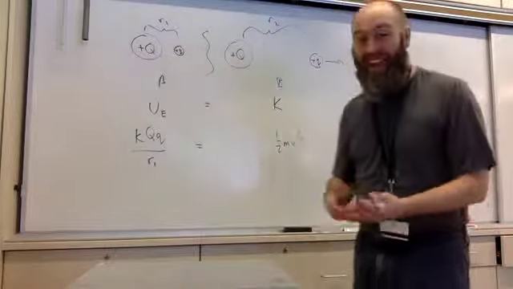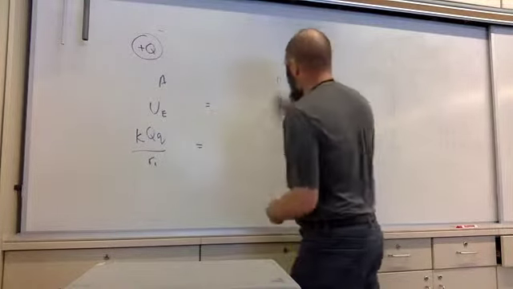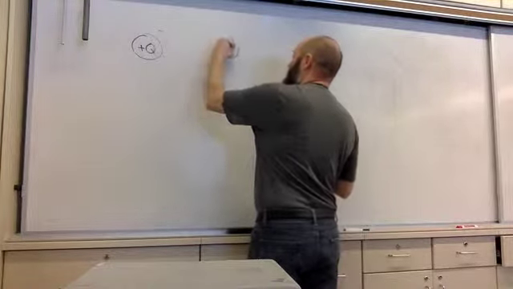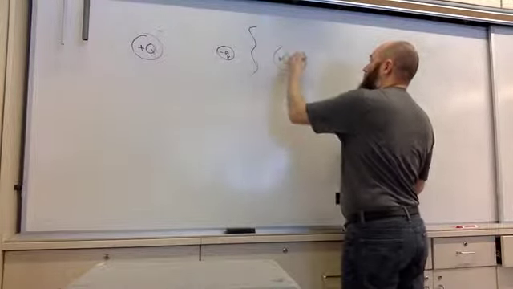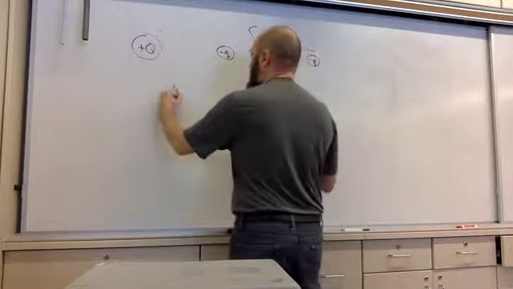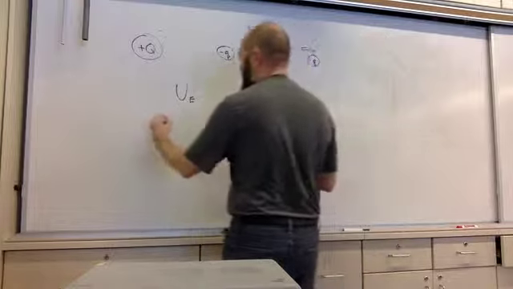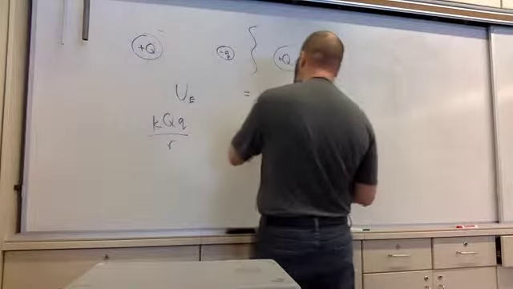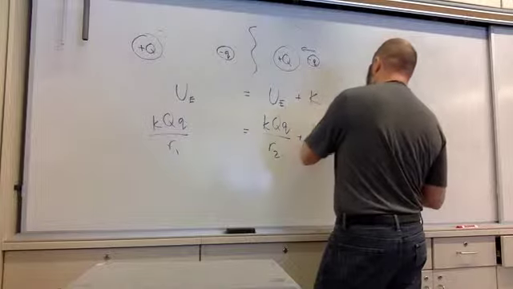The only thing you have to be careful of is what happens if you have opposite charges? Well, if you have opposite charges, they're going to attract. So, for example, if this was a negative Q, if that's what I'm starting with, then later on, this thing is going to be moving towards it. So I start with UE, and over here I have UE plus K. If you were to plug it in, kQq over r1 equals kQq over r2 plus 1/2 mv squared.